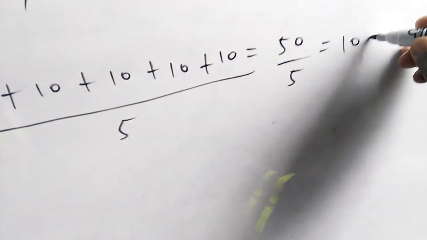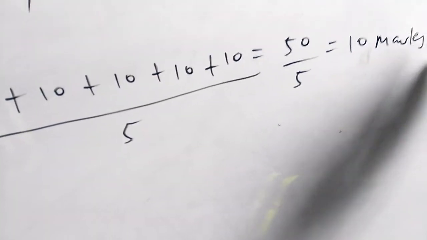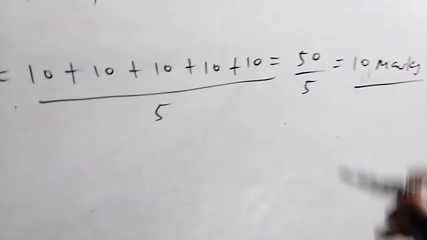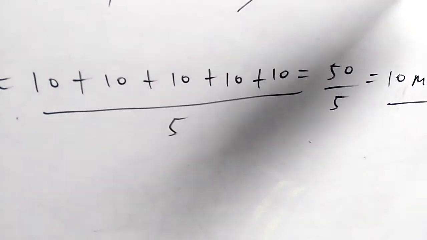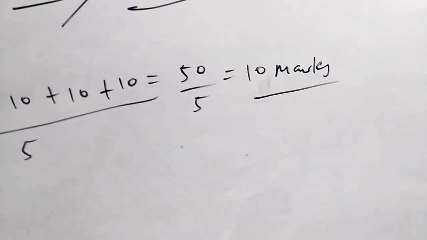That would be 10 marks. Now, the total score was 10 marks, and on average, we've gotten 10. How will the SD, or the standard deviation, look like?